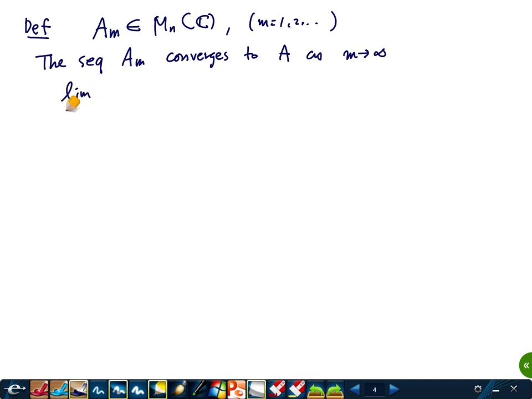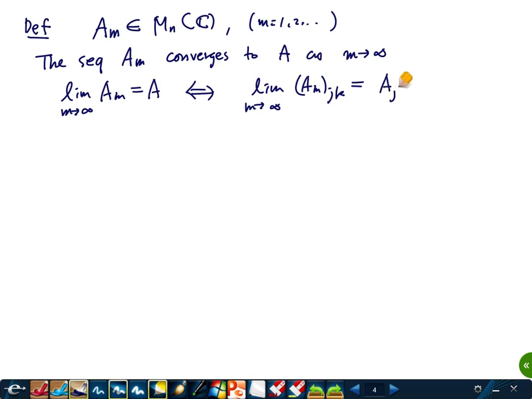In the usual notation for the limit, this holds if every entry converges to the entry there. Basically, this means the jk entry of A_m converges to the jk entry of A for all j, k. So entry-wise convergence is the definition of convergence here.